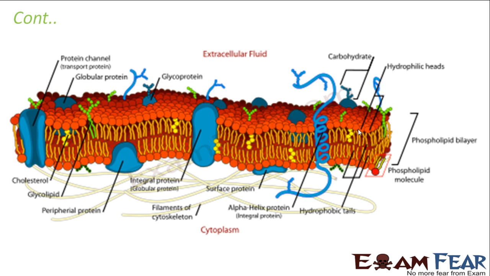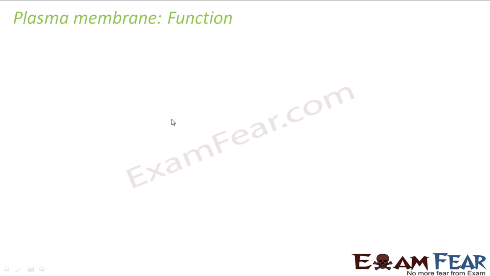So here you can see these are the hydrophilic heads, often called hydrophilic heads, and the other side is often called hydrophobic tails. As a result, this region is known as the hydrophobic region, and in this lipid bilayer are embedded the protein molecules. That is why we say that the plasma membrane is made up of lipids and proteins. Right, so we are clear with the structure of the plasma membrane.